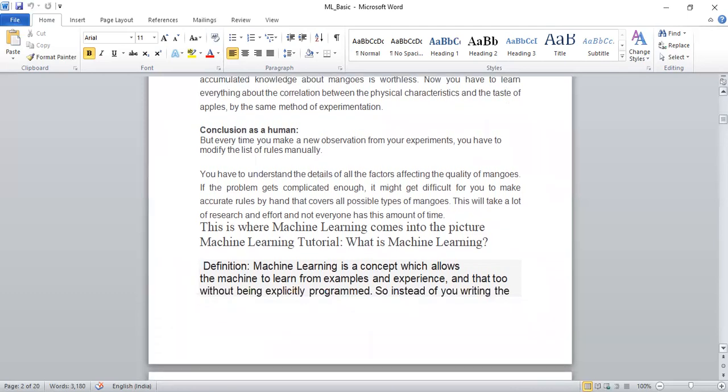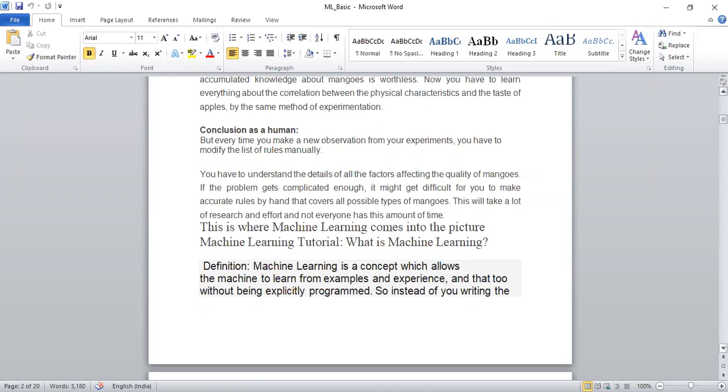Because you cannot frame accurate rules. Now there are many rules. This is sweet by 15%, this kind of mangoes. Some mangoes are sweet by 48%, some mangoes are sweet by 38%. And then juiciness, then color, then origin, where these mango plants are born.